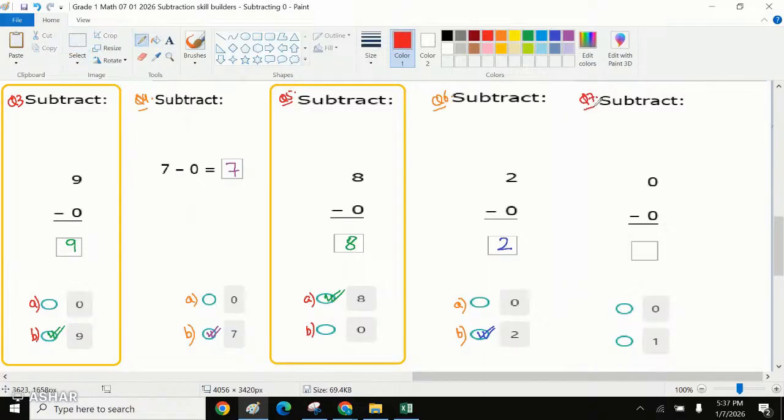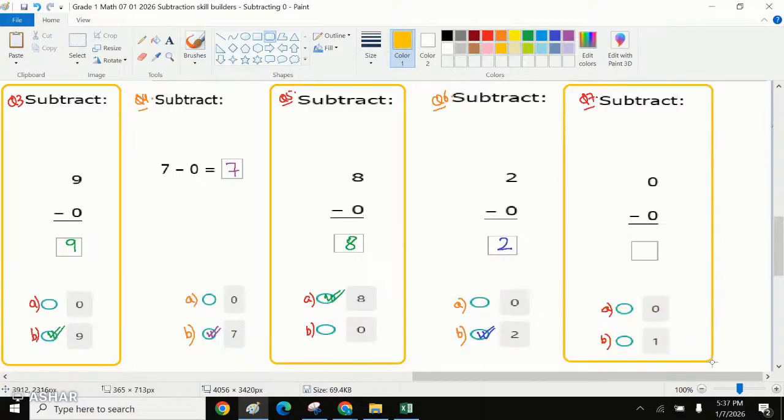Question number 7 says subtract 0 minus 0, right? We did this example previously, right? And the example was like, if I am asking you for a pen, right? And you do not have a pen. So if you do not have anything, can you give it away?